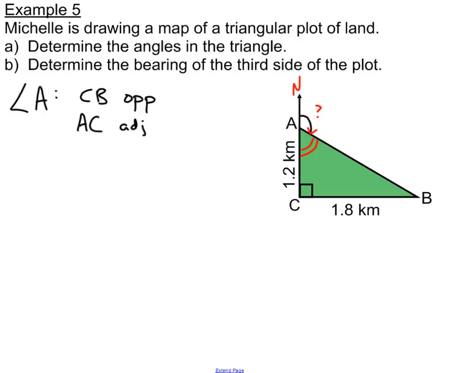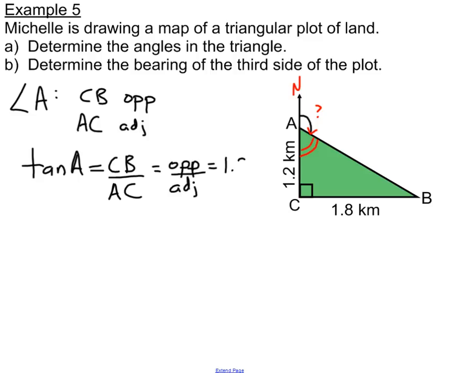Okay, so that means that we're going to use tangent, and the tangent of vertex A is equal to CB over AC, which is again opposite over adjacent, and we have both of those known numerically, so it would be 1.8 divided by 1.2. I'm going to leave the units out here because the angle is not in kilometers, so we'll pause, calculate that, and that will give us the first angle.